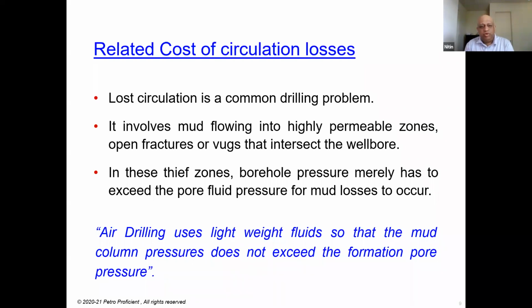But you can even be underbalanced, so with this technique you can plan your pressure in the well to be even lower than your pore pressure, and that way you can reduce the issue of loss circulation.